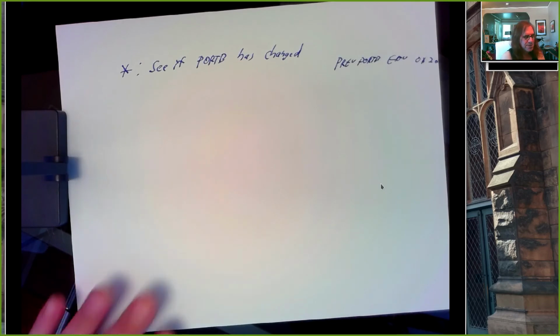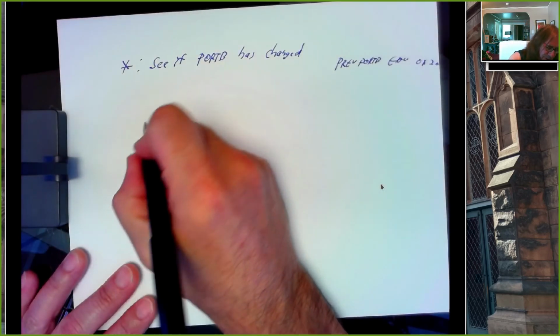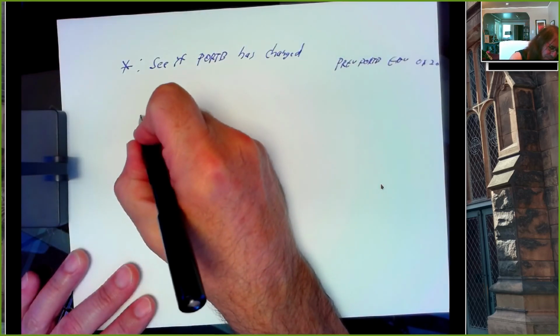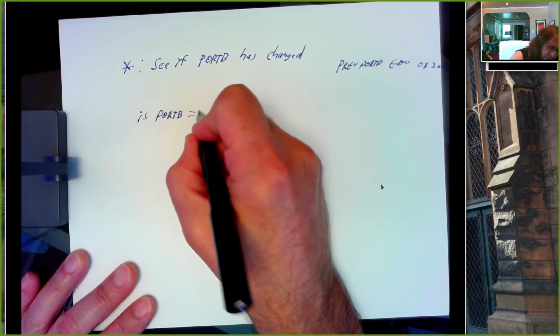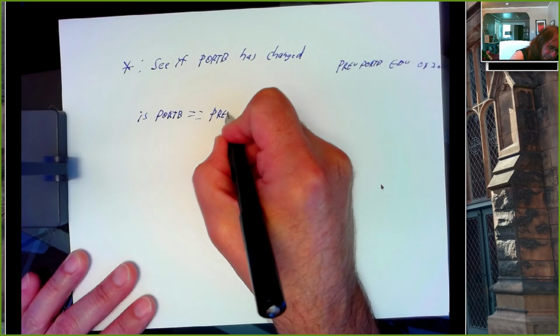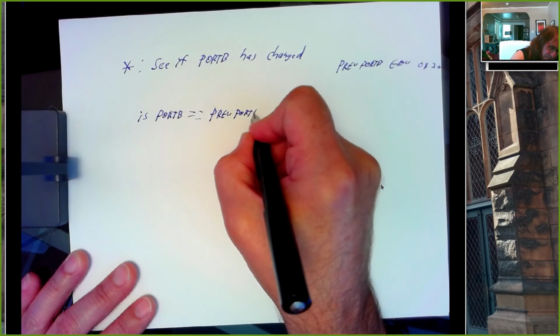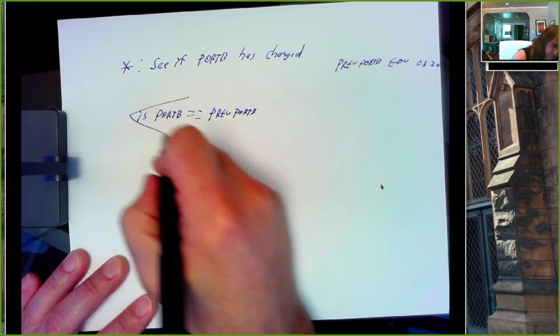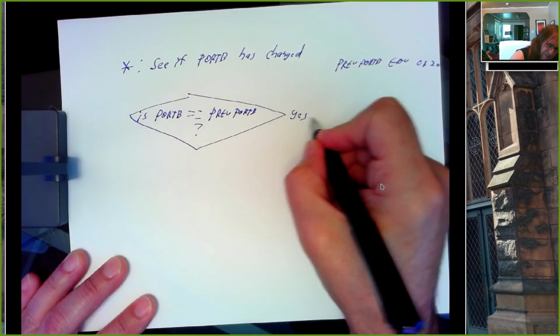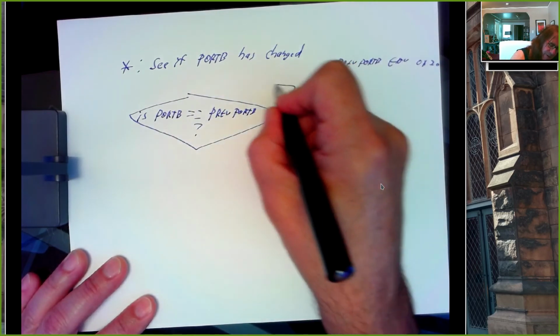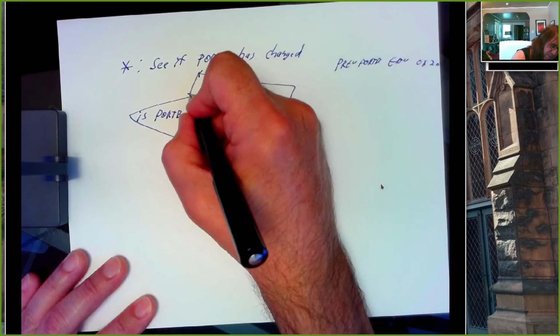But here's the logic we can use. Is port B the same as previous port B? If it is, then let's just go back up to the top here.